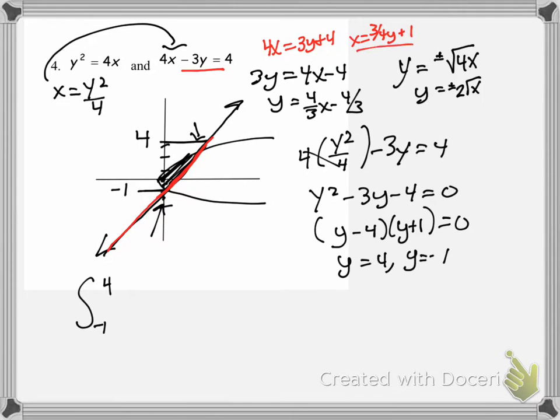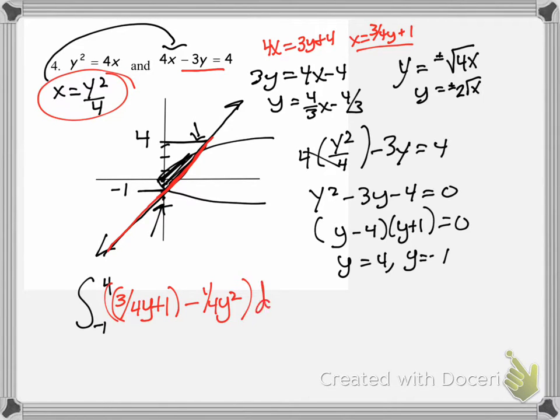Yeah, I did that right. So that would be 3/4 y plus 1, and then I have to subtract the other one, minus y squared over 4. Let's rewrite that as 1/4 y squared, it'll be easier, dy, from negative 1 to 4. So that's negative 1/4 y squared plus 3/4 y plus 1, if I combine it.